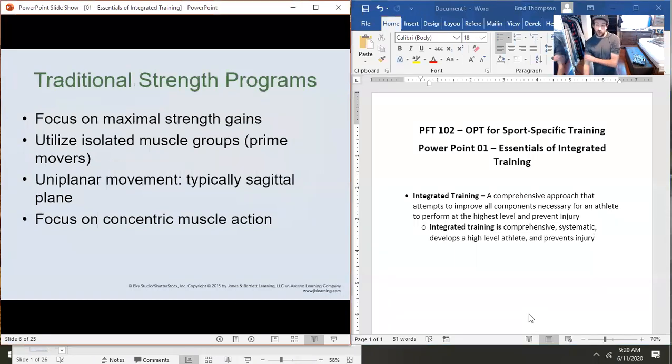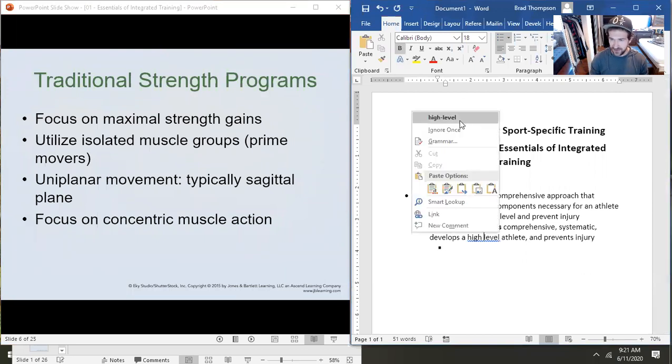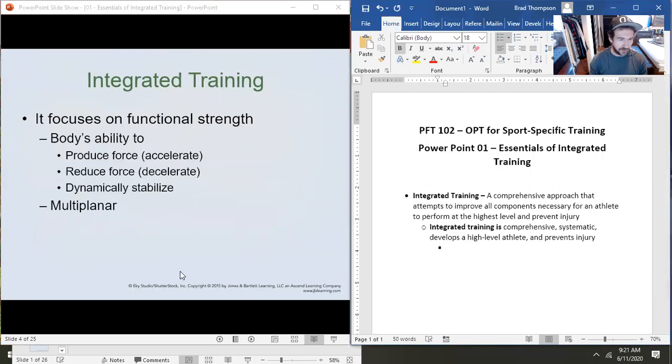So that's integrated training, right? It is comprehensive, it's systematic, develops a high level of athlete, prevents injury. It doesn't just focus primarily on one plane of motion, it focuses on many, versus traditional strength training. I know I kind of skipped through them, but I'll briefly put some things down here.